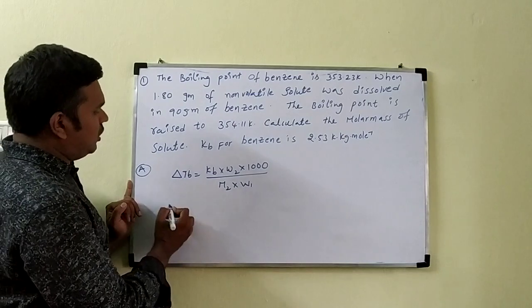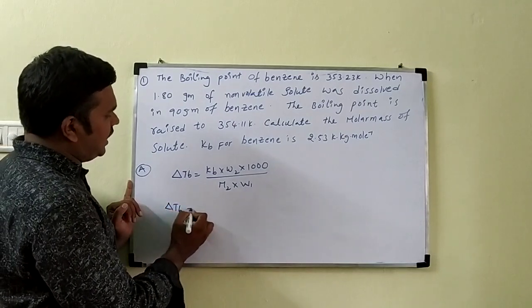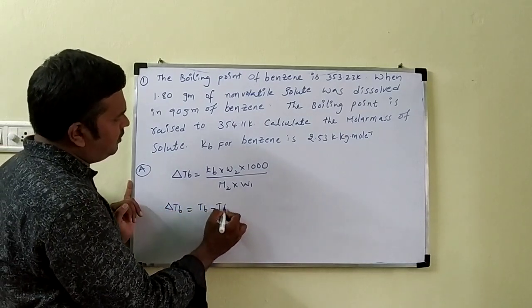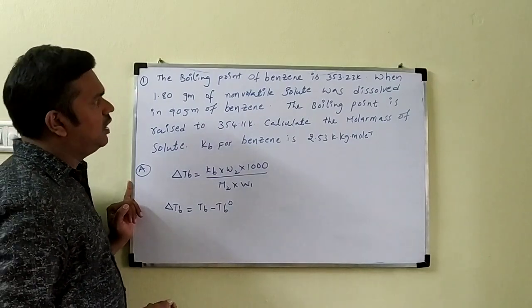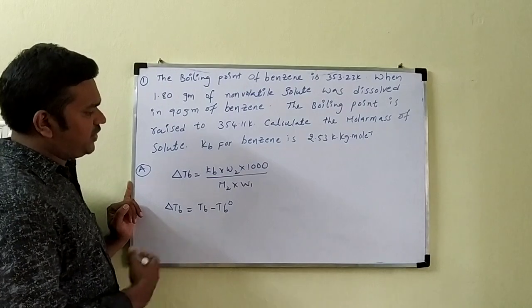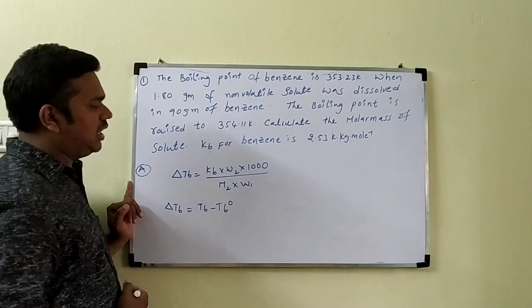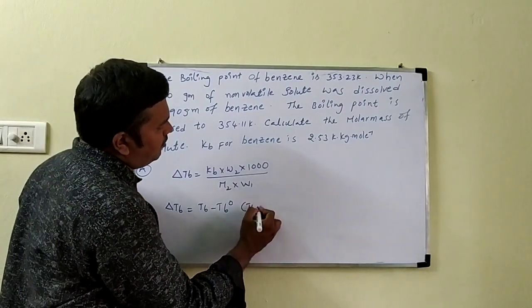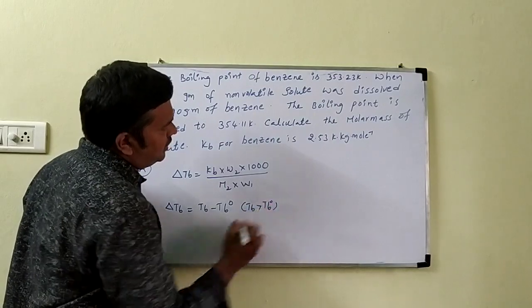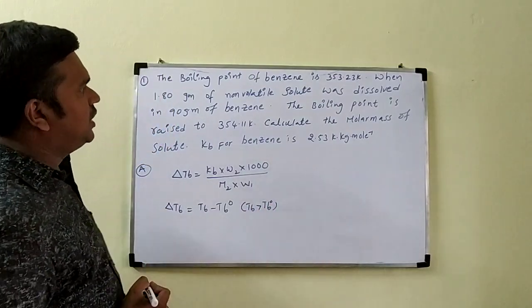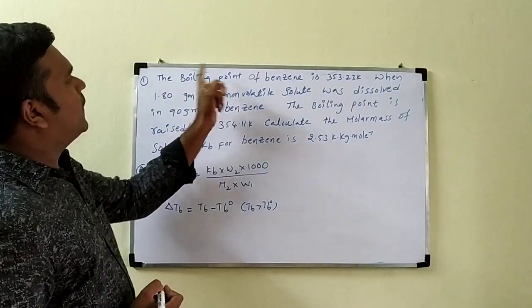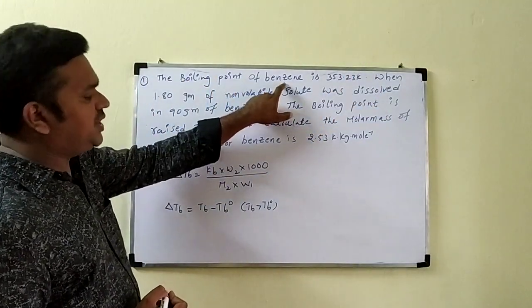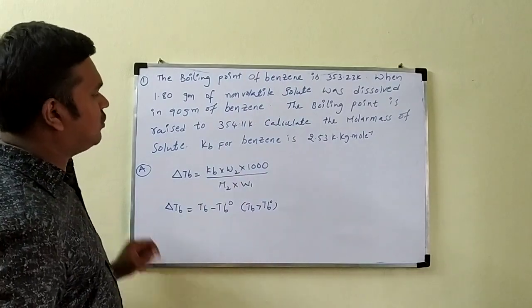You know delta Tb is equal to Tb minus Tb naught. So here how can you identify the Tb and Tb naught values? I already told you, Tb is always greater than Tb naught. Here we have 353.23 Kelvin. That is the boiling point of pure benzene, which means Tb naught.